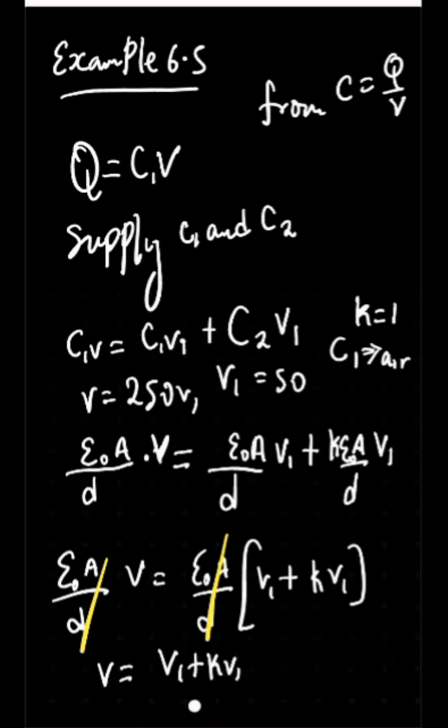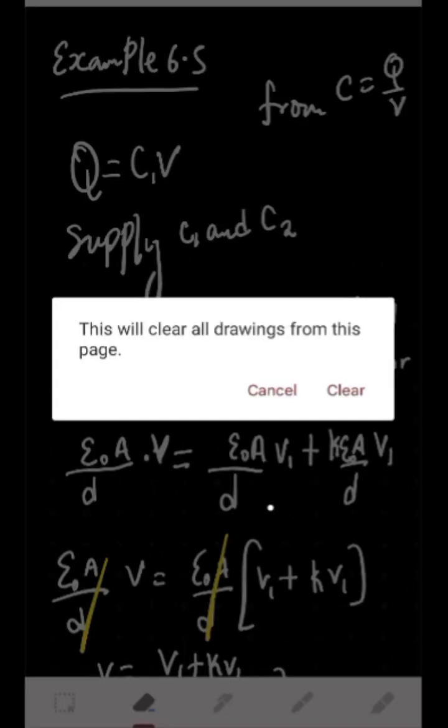So also here, you can factor out to say V is equals to V1 plus K V1, are you getting it now? If you factor out V1, here will be 1 plus K, right? So we will now have V is equals to V1 times 1 plus K. So we now substitute.